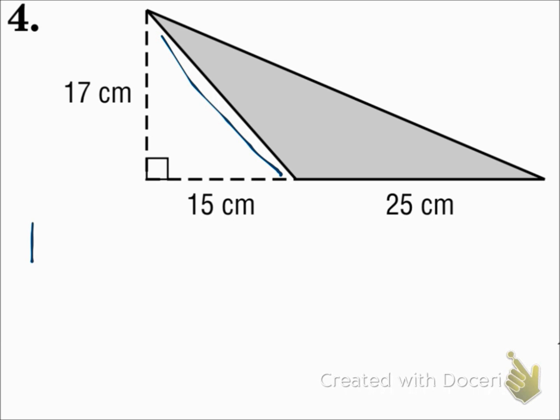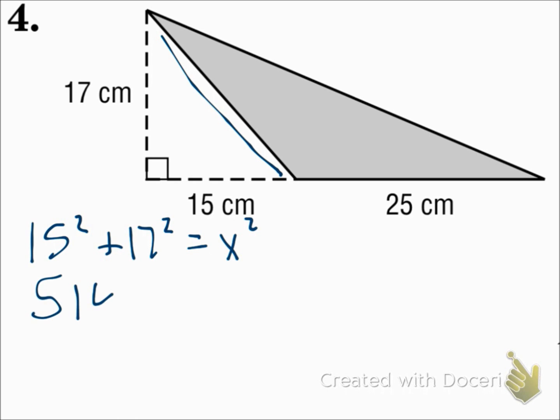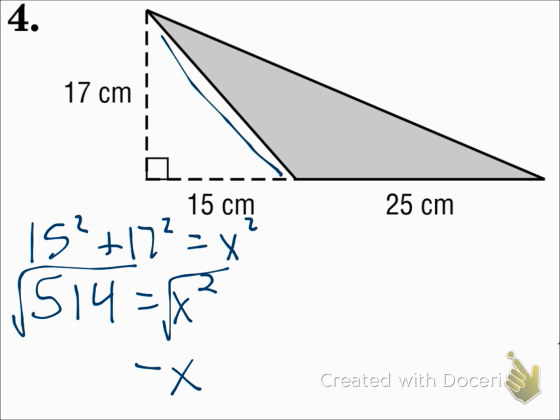So 15 squared plus 17 squared equals x squared. That's 514. Square root both sides, and x is the square root of 514.